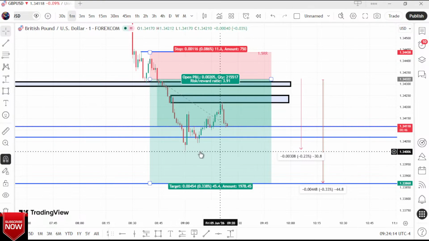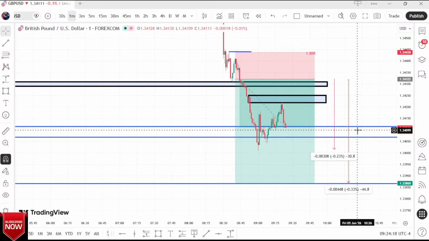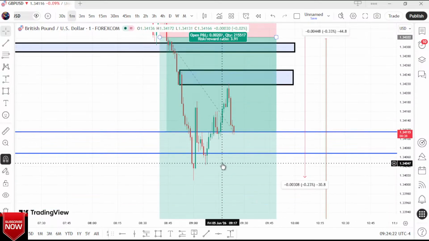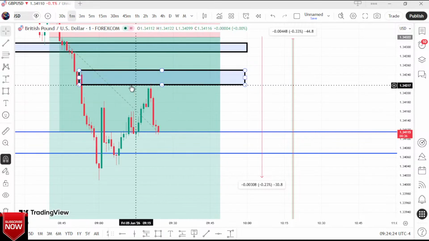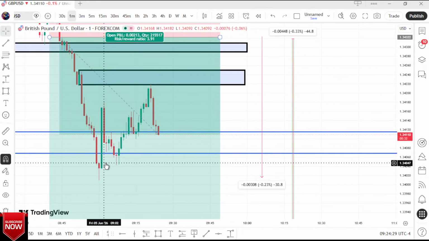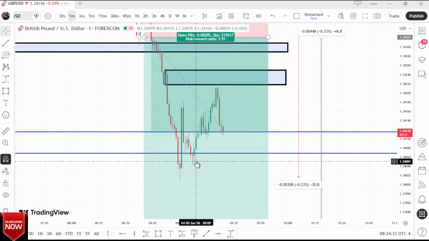Yeah, so that's how precise my concepts are, and that's how they actually work. See how they respect, just touching it, then boom, giving it a sell side liquidity here. You see how that's precise? That's actually what I teach, and that's actually what I apply.